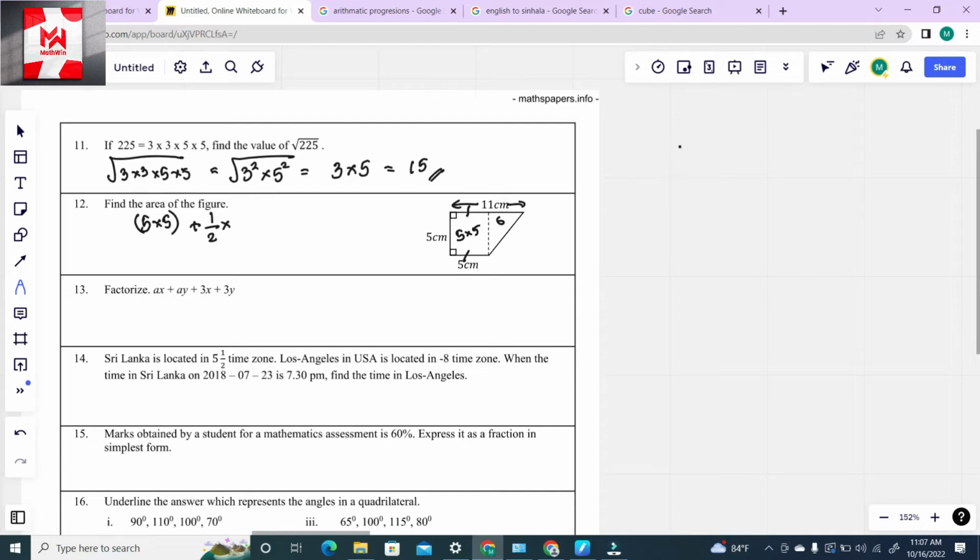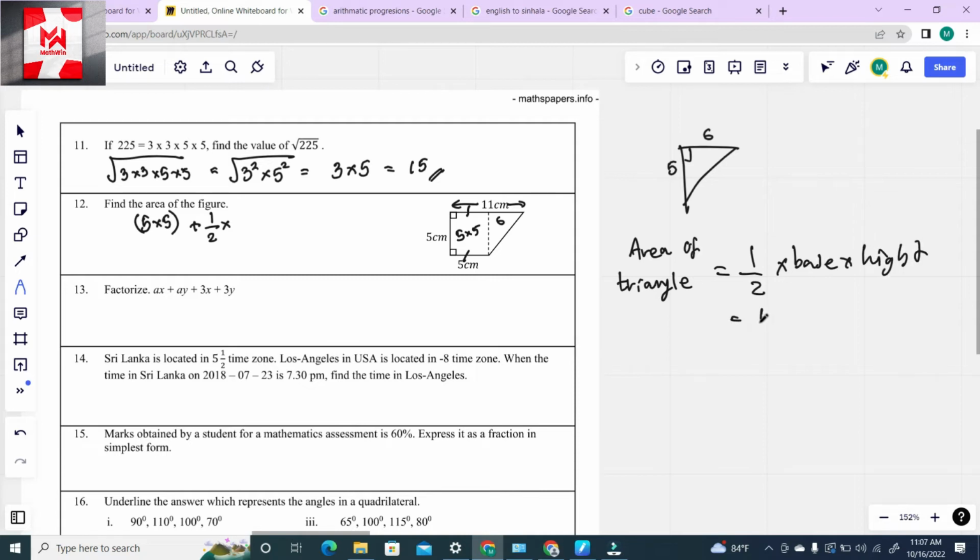So we know this triangle is like this. Then this is 6 and this is 5, and this is 90 degrees. We know the area of a triangle will give you 1 over 2 base into height. So 1 over 2, the base is 5, the height is 6.